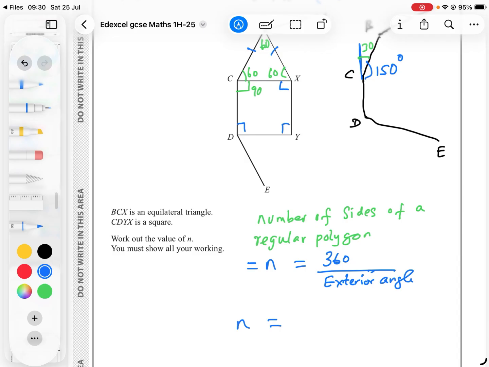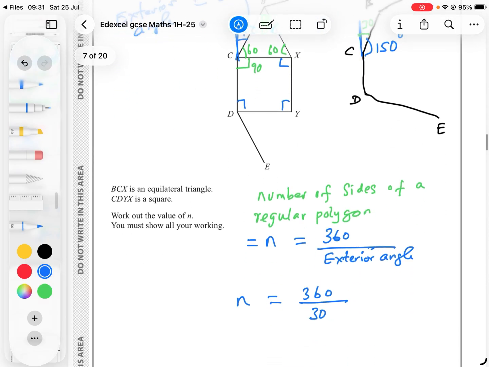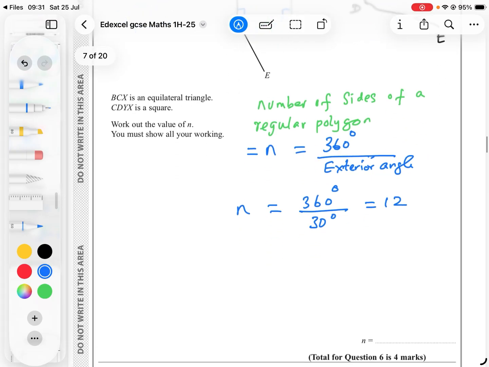So n equals 360 divided by exterior angle 30. So that means 12. So the answer is n equals 12. Thank you.